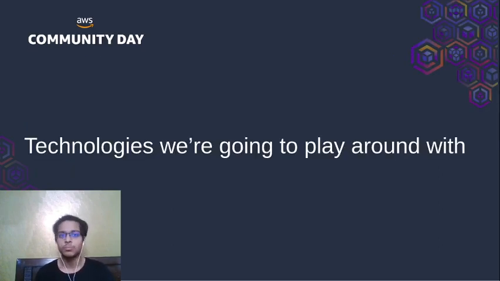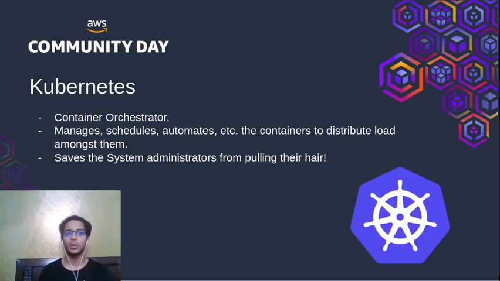Now, moving on to the technologies which we are going to be playing around with. First one is our beloved Kubernetes. Kubernetes is a well-known container orchestrator. Basically, the applications which are being run on containers, to manage them, to schedule them, to automate the deployment, to even monitor them and to help in debugging them, this tool is being used, Kubernetes.